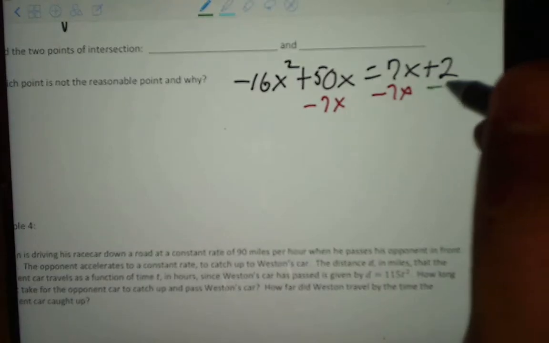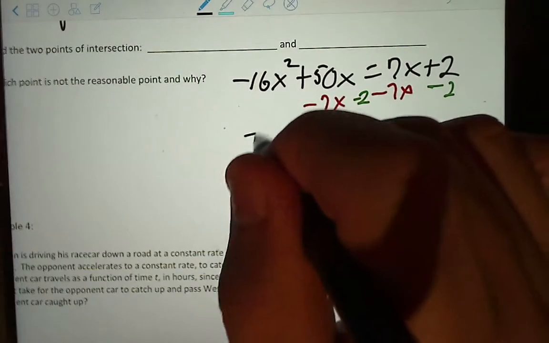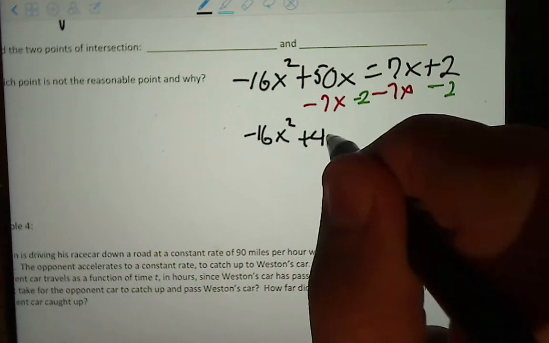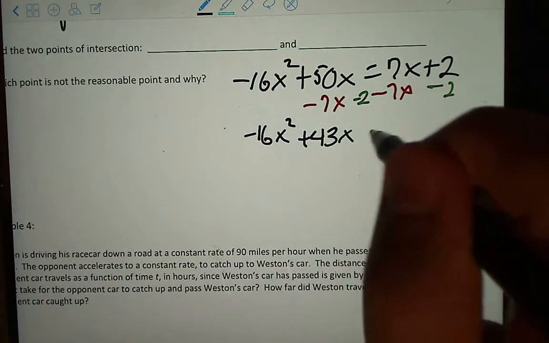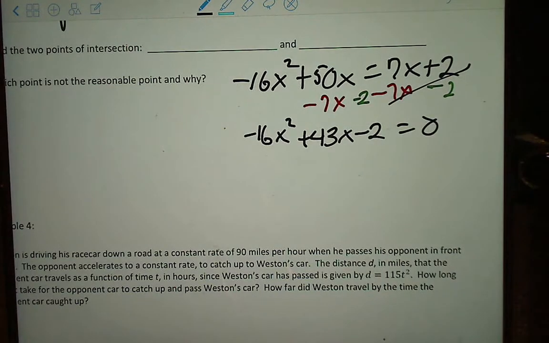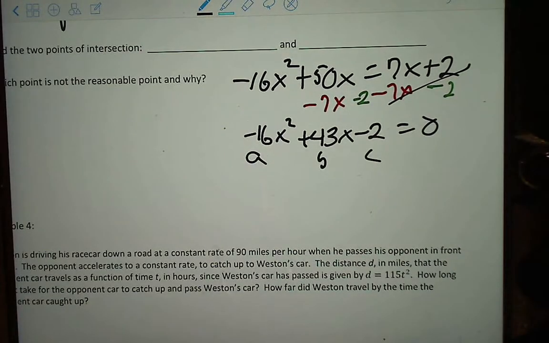I'm going to move my 2 this way. Now notice there isn't anything to write with the 2. So what you need to know is the fact that you're subtracting it from 0 to look something like this. Okay. And then 50 minus 7 is 43. That becomes my A, my B, and my C.